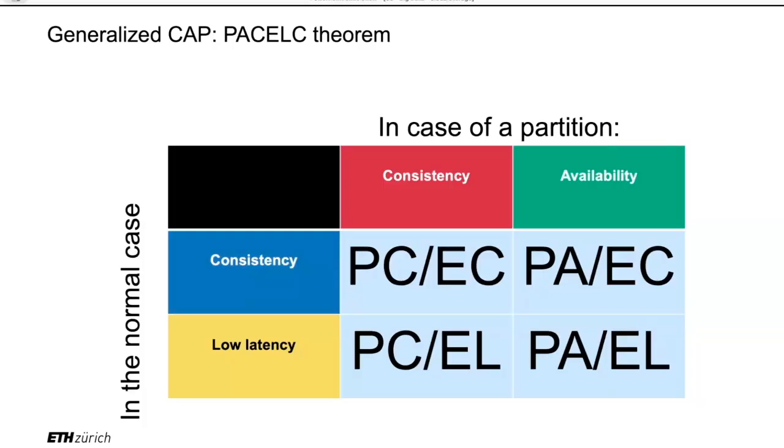When they say we have all of C, A, and P, what they really mean is that since network partitions are so rare anyway, then we're all of that, right? So that's it, because you're consistent and available when there's no partition. But the problem is that on the day that a network partition is going to happen, then they'll have to make a choice. It's just the laws of physics, right? So be very careful. Any claim that it's CAP at the same time is a marketing claim based on the fact that you consider network partitions to be rare.